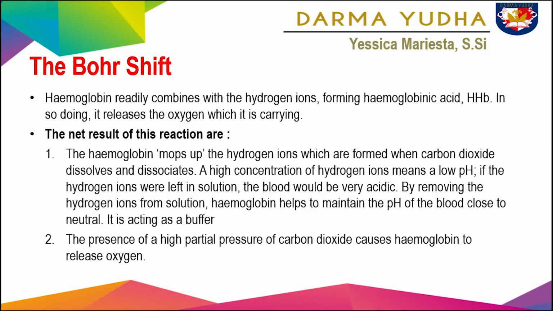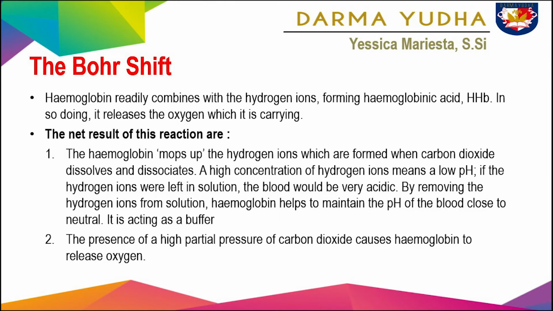Hemoglobin readily combines with the hydrogen ions, forming hemoglobinic acid, or HHb. In so doing, it releases the oxygen which it is carrying. The net result of these two reactions is, firstly, that the hemoglobin mops up the hydrogen ions which are formed when carbon dioxide dissolves and dissociates.